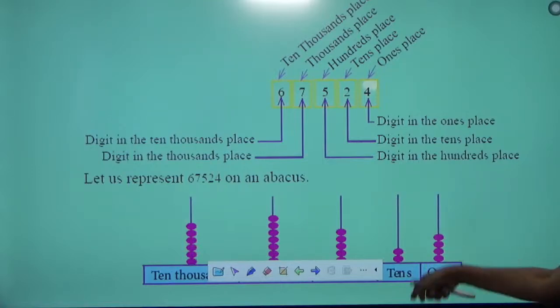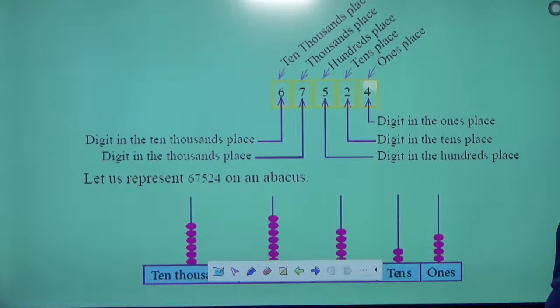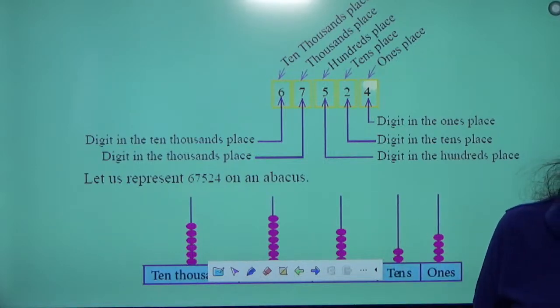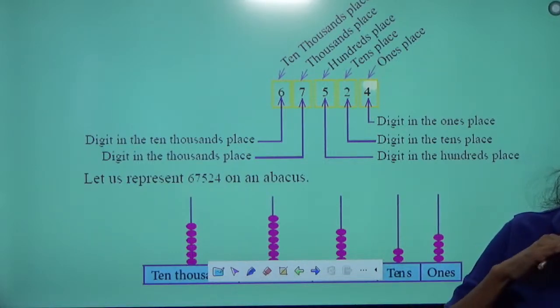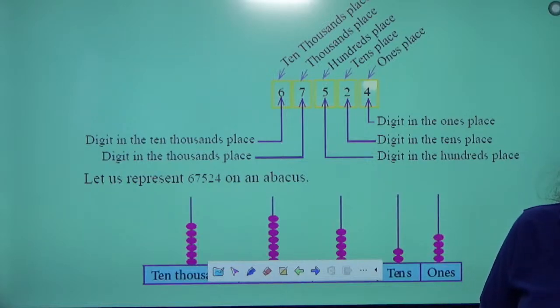Maximum number of rods for each place is 9, no? For each we can include up to 9. Can we include 10 rods for one place? No. For tens place, can we include 10 rods? No. Then the maximum number is 9. Is that clear?